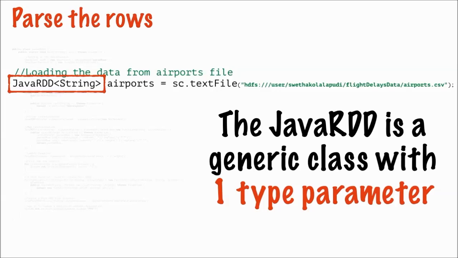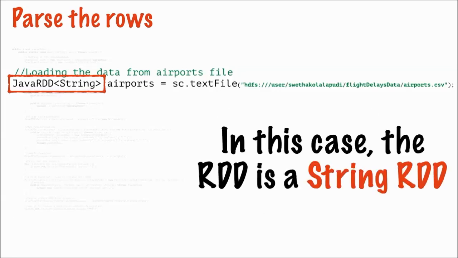The airports RDD, when we create it in this way, is a record of essentially lines where every line is a string. Every line contains information which has an airport ID and an airport description. But that entire record is a string, which is why the generic parameter for this JavaRDD is a String. It represents one record, the generic parameter, the type of one record.